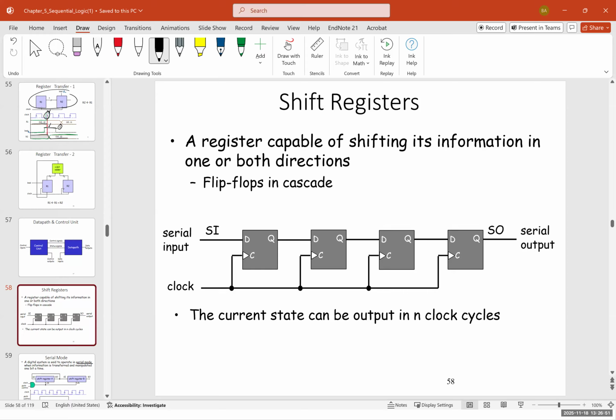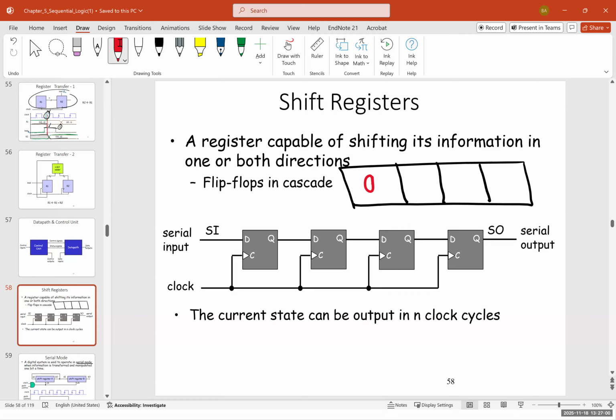In a computer, for example, if we have a 4-bit system and the outputs are 0, 1, 0, 1, and the register shifts to the right, this 1 falls out.